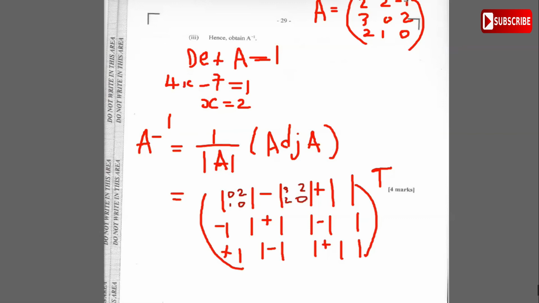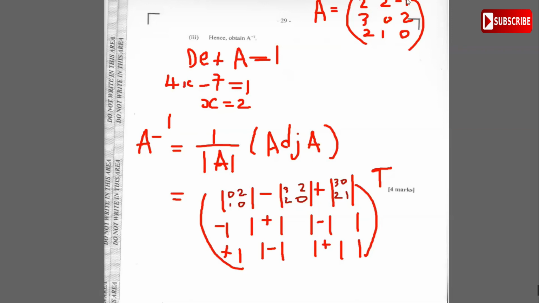And the cofactor of this element will be cross here, 1, 1. That will be 3, 0, 2, 1. Just want to make sure. 3, 0, 2, 1. Let's expedite the process a little bit.